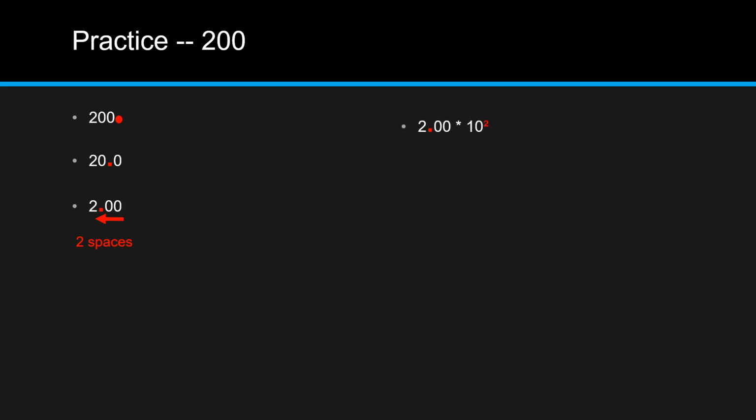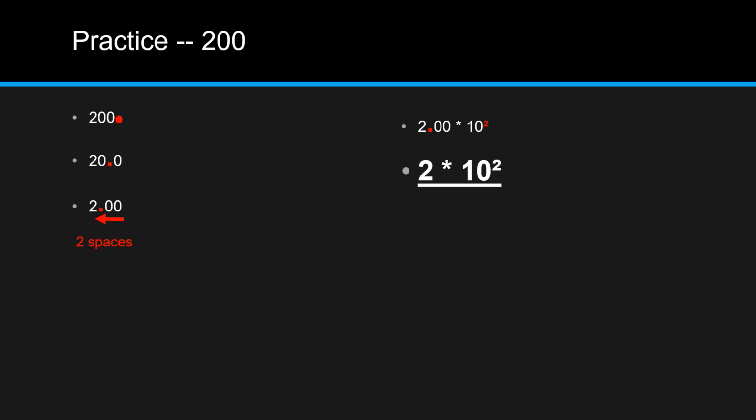So our scientific notation is 2.00 times 10 to the second power, or 10 squared. Now, the whole point of writing these numbers in scientific notation is to get rid of all those zeros that we don't need to save space. And we know that 2.00 is the same thing as 2. So we can just write it as 2 times 10 to the second power.